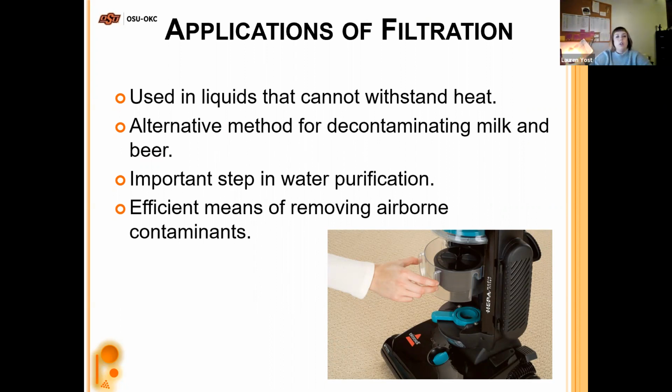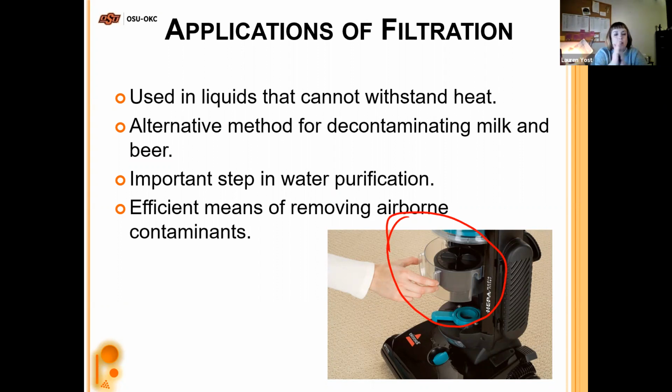So we can use filtration for liquids that can't withstand heat. It's a similar idea with the coffee. We can pretend that the coffee grounds are your bacteria, caught in the filter, but the liquid is still getting through.